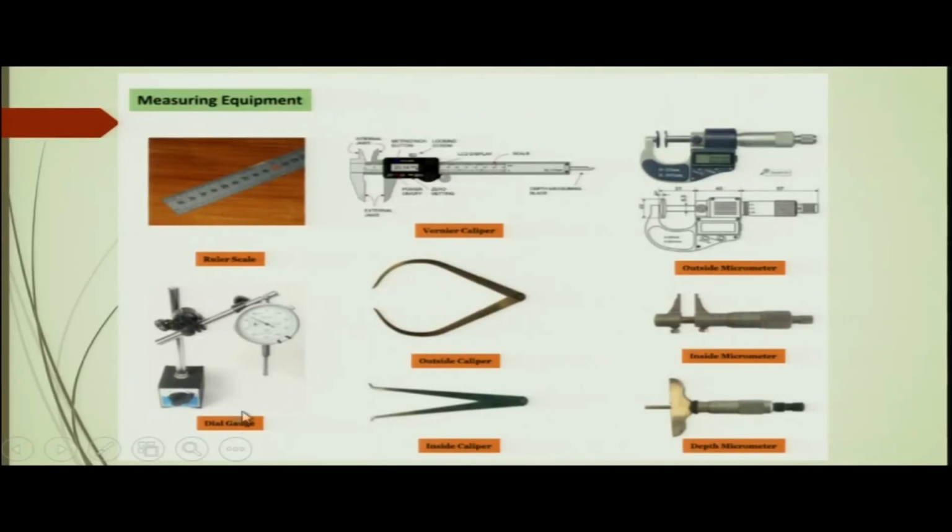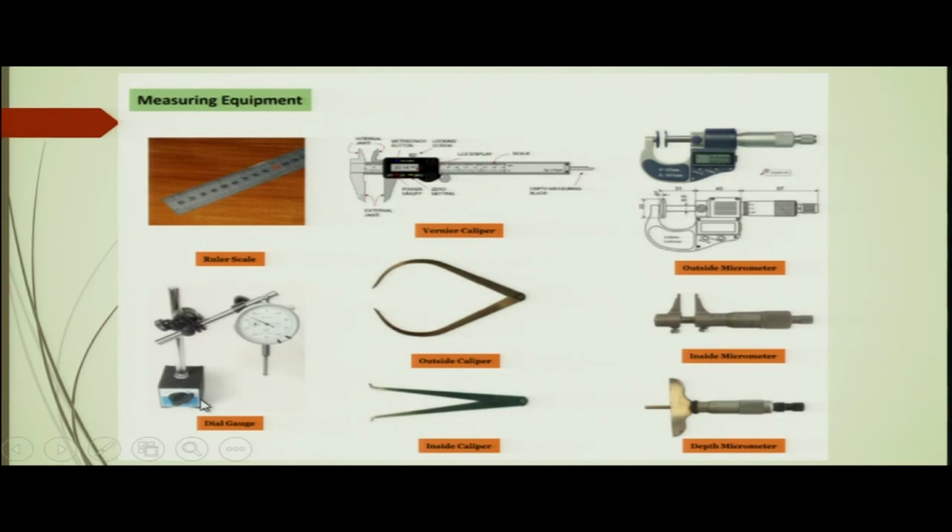This is the dial indicator, dial gauge, and you must be familiar with such kind of dial gauges, you must have used it. So, here we have a base which can be mounted on a plate, okay, which is the metallic plate, let us say a ferromagnetic material plate, and there you can have a magnet. So, you can activate the magnet and deactivate the magnet, depending on that.